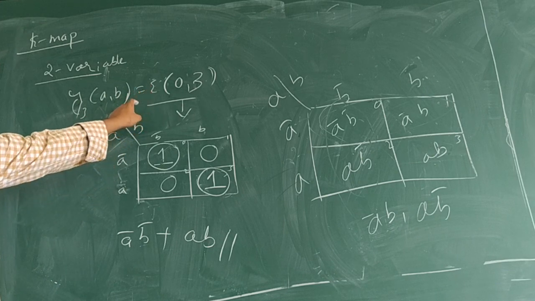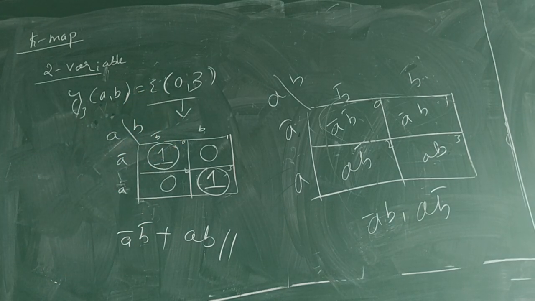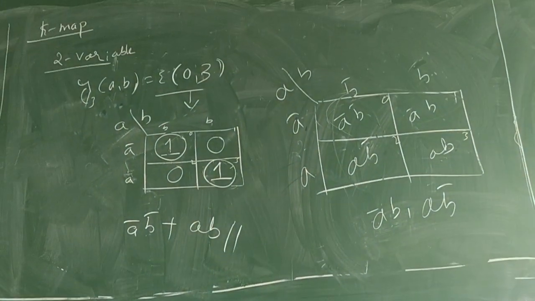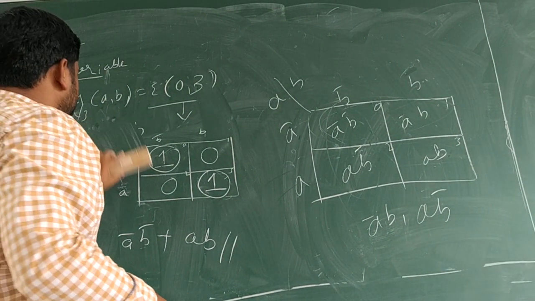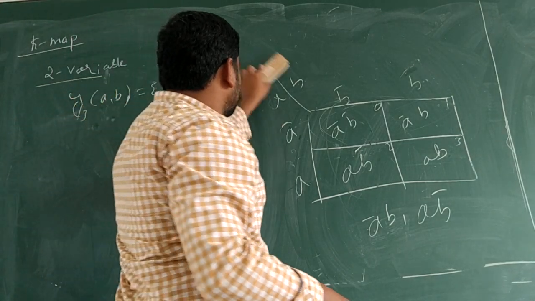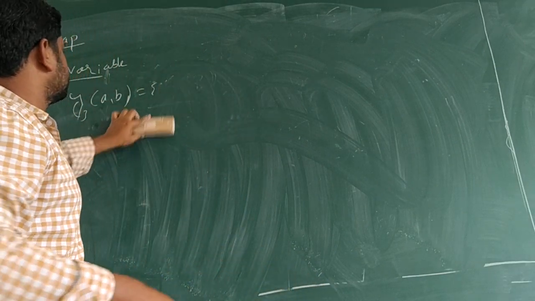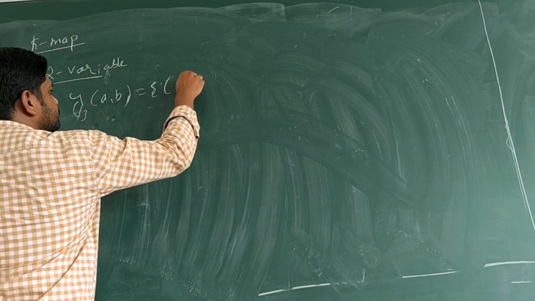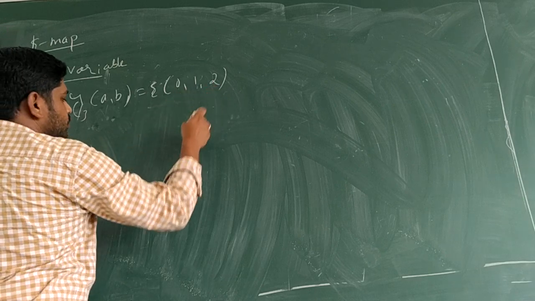Okay. So some of the problems I have considered. Let me take the last problem here on 2 variables. So Y3 is a function of 2 variables. It is high for 0, 1 and 2.